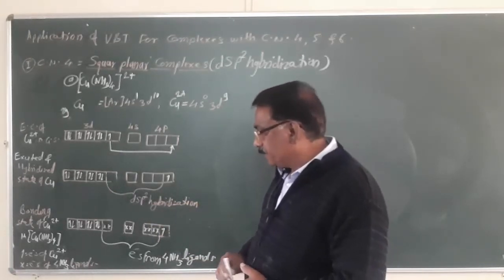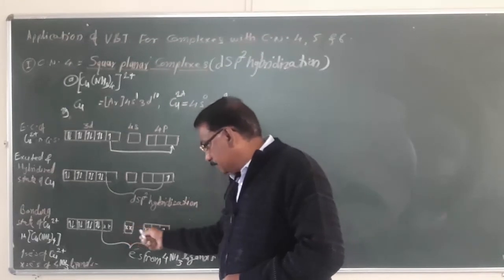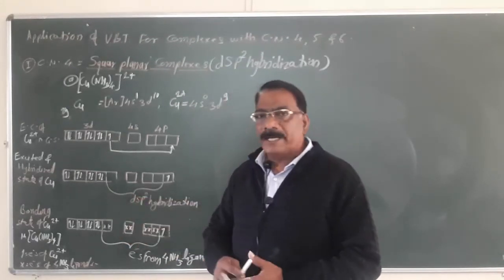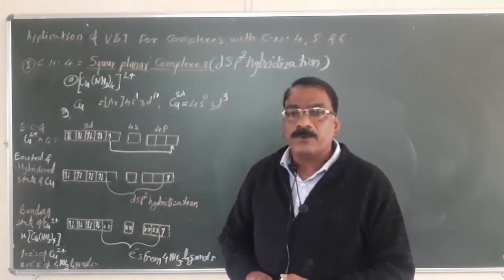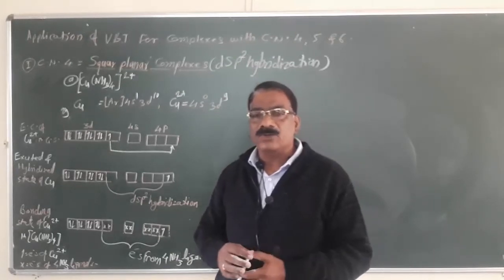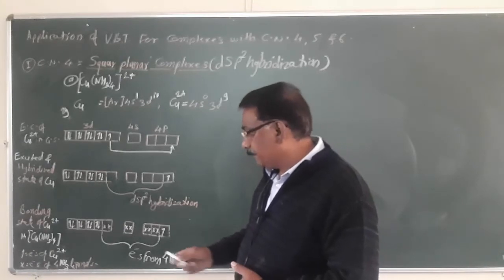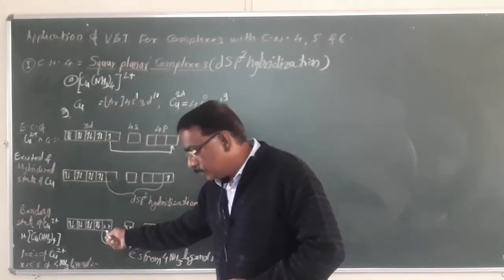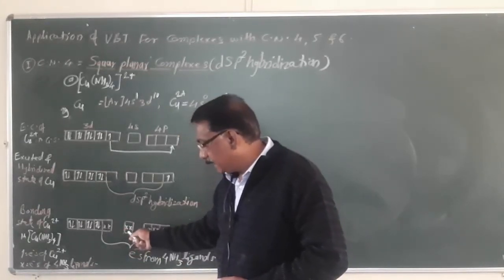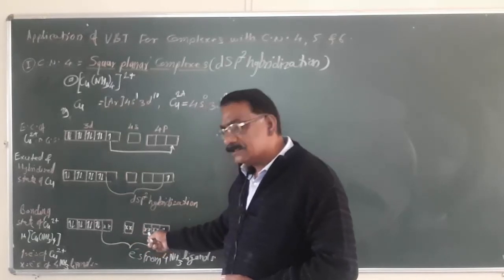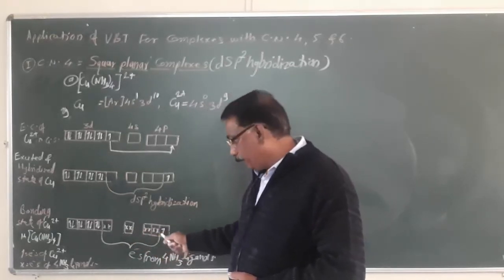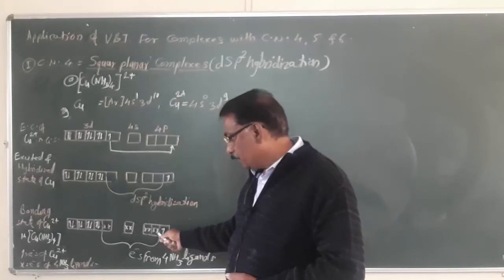In the bonding structure, these empty orbitals are occupied by electrons from the ligand. They accept the electrons from the 4 NH3 ligands. First NH3 donates 2 electrons, second NH3 donates 2 electrons, third NH3 donates 2 electrons, and fourth NH3 donates 2 electrons.